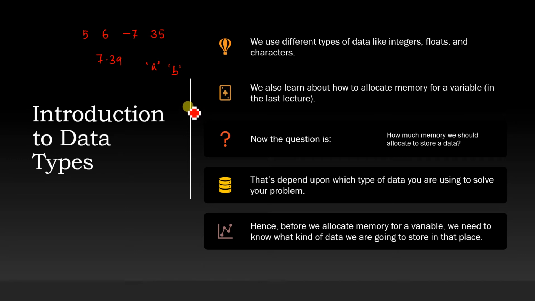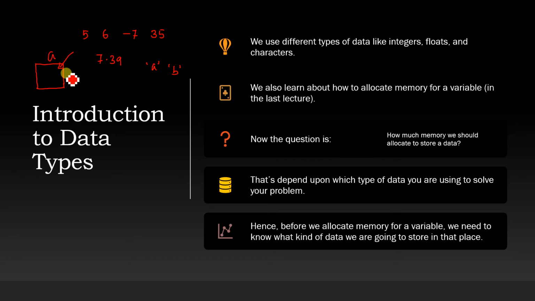In the last class we learned how to allocate memory for a variable, how to declare a space for a variable. A variable is a named memory location, meaning some space is allocated and we give a name to that space, which will be used to store some data.